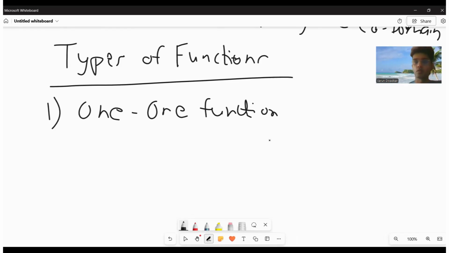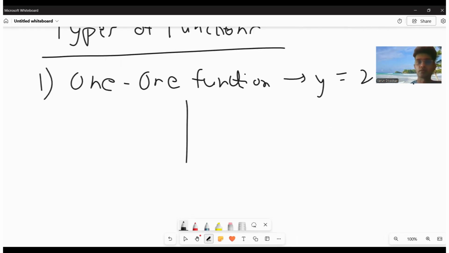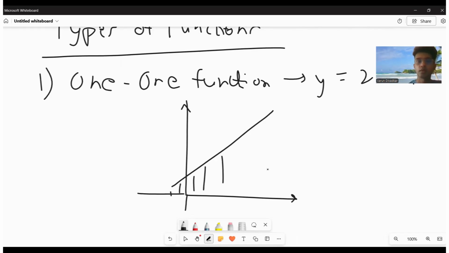Let's say y equals 2x plus 1. Okay. So if you draw this function here on a graph, it looks like a straight line like this, isn't it? So every element in x maps to exactly one element in y. If you take any x projected here, it has exactly one value of y, right?